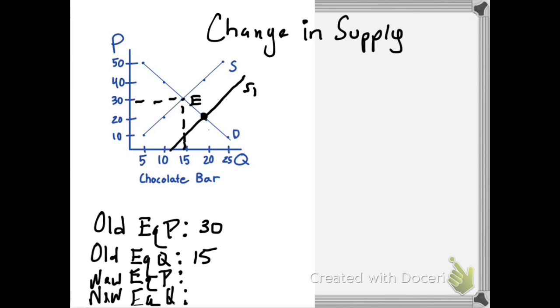From that new equilibrium point, we go to the left again, to find that it's at 20. And we go down to see that it's at 20 as well. This concludes a change in supply regarding technology.